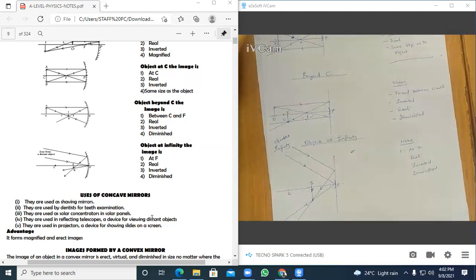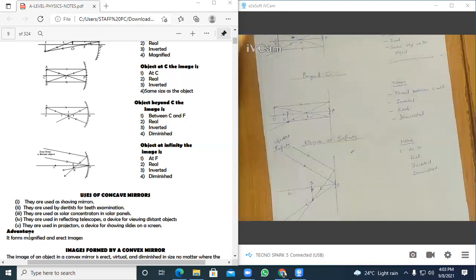Used as shaving mirrors, used by dentists for teeth examination, used as solar concentrators in solar panels, used as reflecting telescopes. Used in projectors and also in devices showing slides on the screen. Projectors use concave mirrors to concentrate the light from the lamp onto the slide such that you have the image.